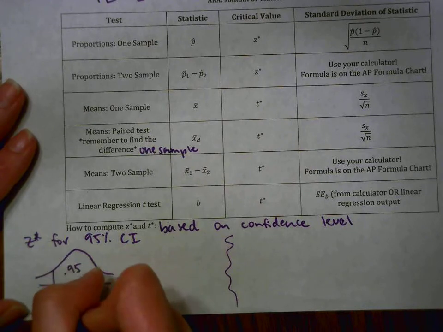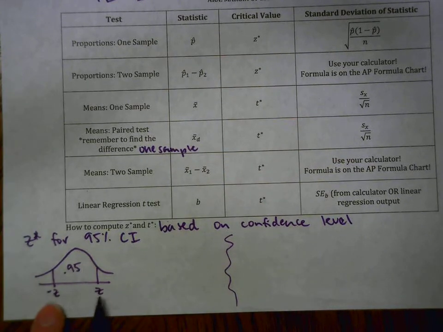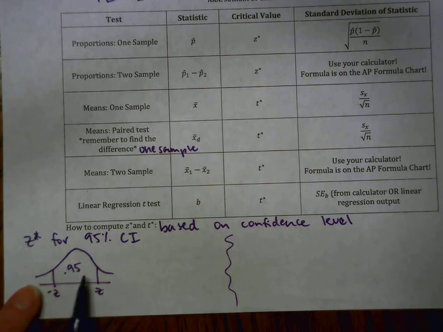This would be a negative Z value, this would be a positive Z value, and those should be the same number, just one's negative and one's positive. You can calculate either of these by putting the area in the tails.